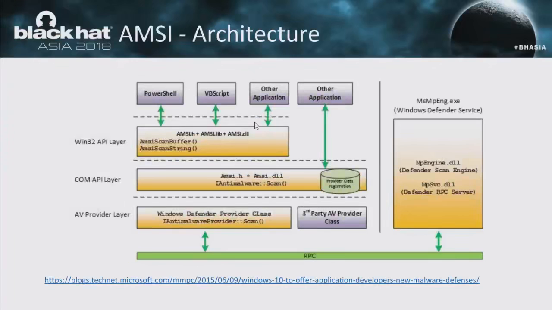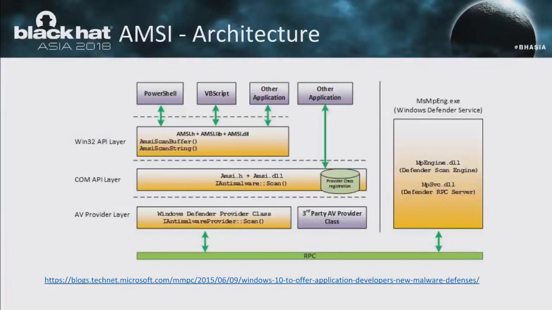And then we get to talk about the architecture. After all the pieces are in place, let's take a look at the big picture. So we have PowerShell calling AMSI scan buffer or AMSI scan string, and scan buffer and scan string, and also the initialization functions, all work with a class called anti-malware that we saw before. Now this class is an internal class for AMSI, and I honestly don't know why it's on MSDN, but it's implemented entirely in AMSI DLL.